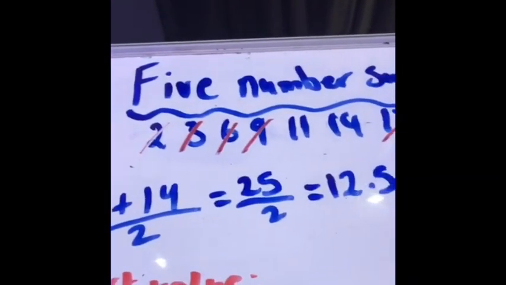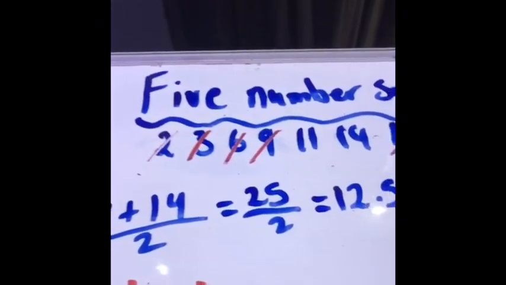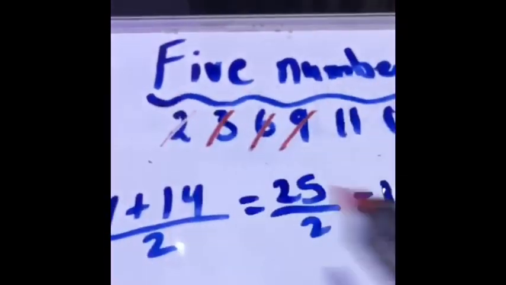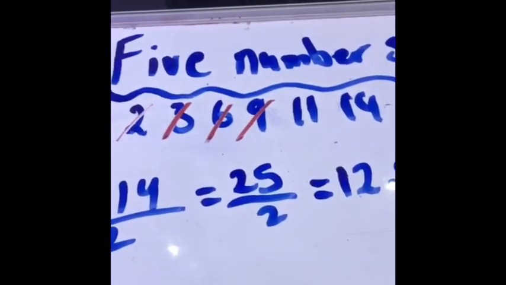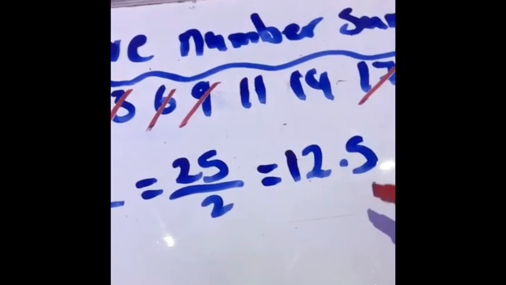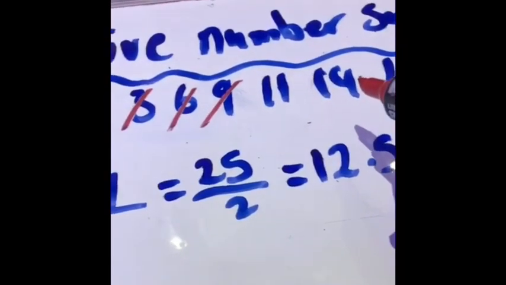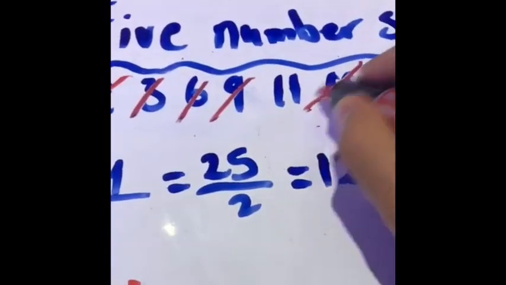Now as we took Q2, we should find Q1. What is Q1? Q1 is the middle value from the smallest value till Q2. So we repeat again. Let's consider 12.5 as 14. So we remove 2, we remove 12.5.